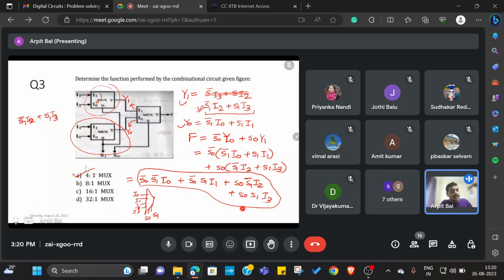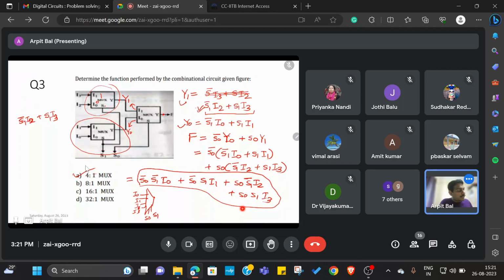So let us say, instead of these muxes, if you are given a certain block of combinational logic, you need to do the same thing. At each of the intermediate nodes, you try to figure out the equations in terms of the inputs, and try to solve the final equation for the output.